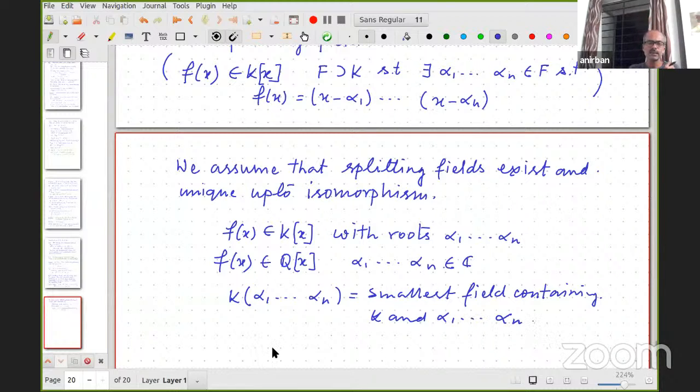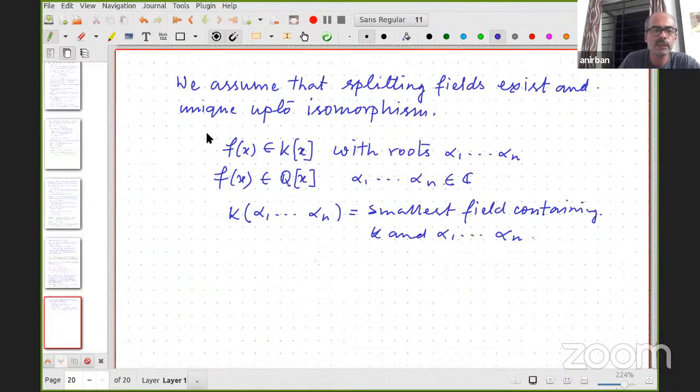That supports the idea of the existence of finite fields, and they are also unique up to field isomorphism. This we are going to assume. This is just for motivation; it is nowhere near a proof.